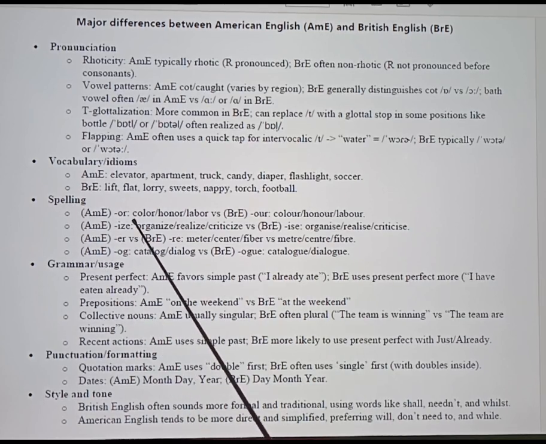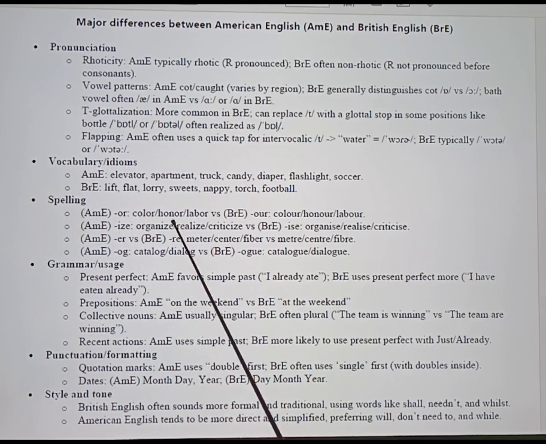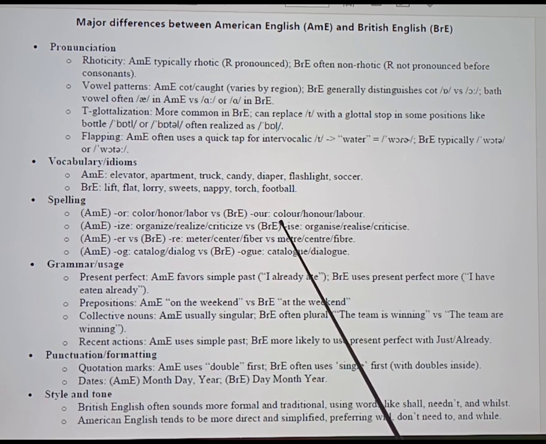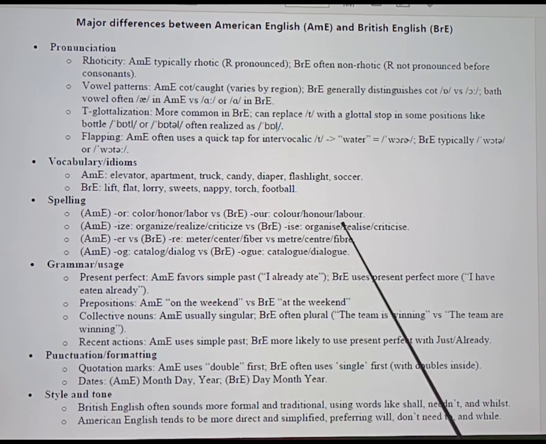And the other category is the spelling. In spelling, we have OR in American English most often, like color, honor, and labor, versus the British version, which has OUR, such as the word color becomes colour, or honor and labor.